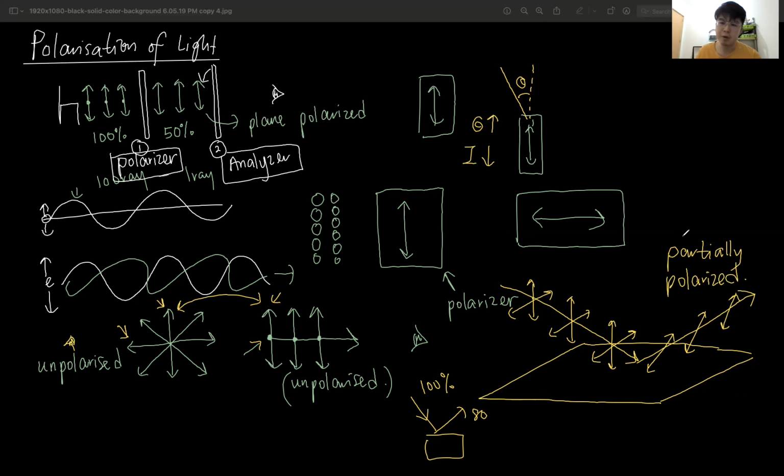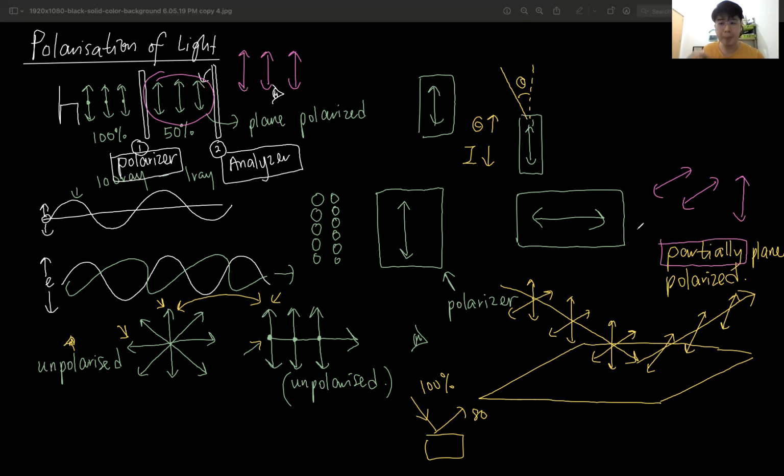What does that mean, partially polarized? Partially plane polarized. If you compare to the polarizer, that one is mostly all vertical. Mostly all of it is the same plane. But if you see this one, you see some are horizontal and some are vertical. It's never perfect. That's why we call it partially polarized.